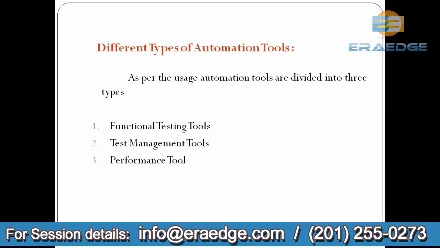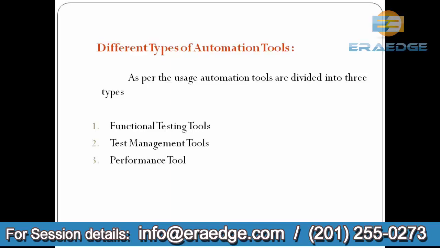Now coming to the functional testing tool. What is a functional testing tool? With the help of this tool, we are going to perform functional testing and regression testing on the application. Since you have good experience in manual testing, you might know what functional testing and regression testing are.